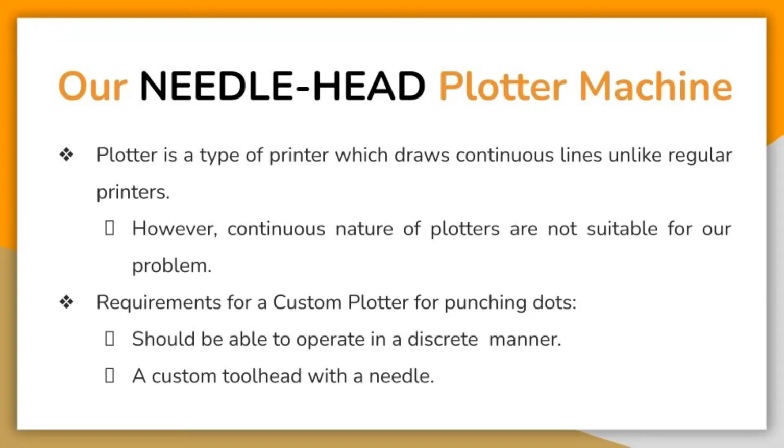Our needlehead plotter machine. Plotter machines are much like regular printers we use every day. However, principally they differ from printers. They work in continuous motion to draw a line, whereas inkjet or dot matrix printers work by drawing the picture dot by dot.